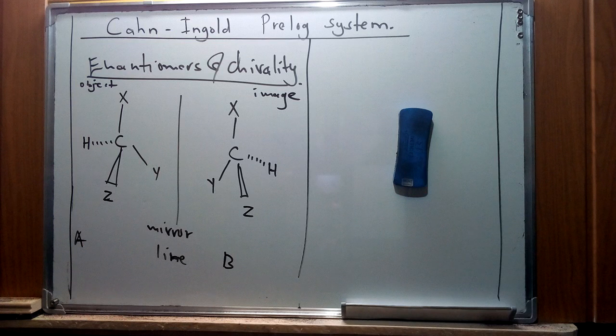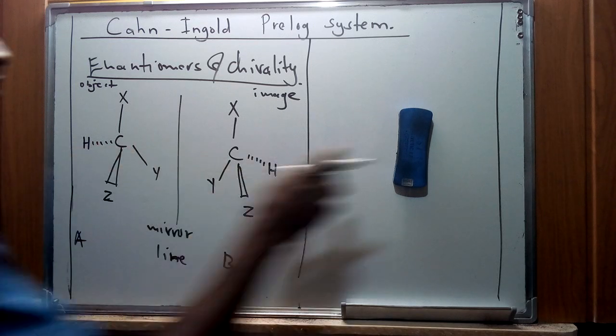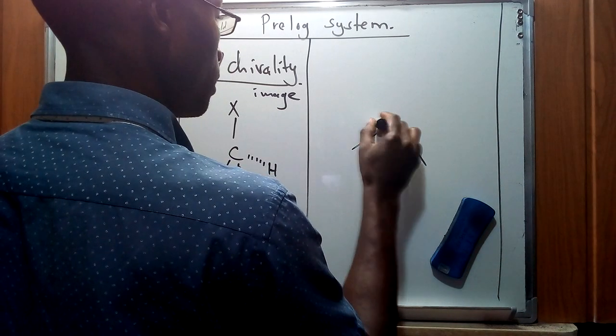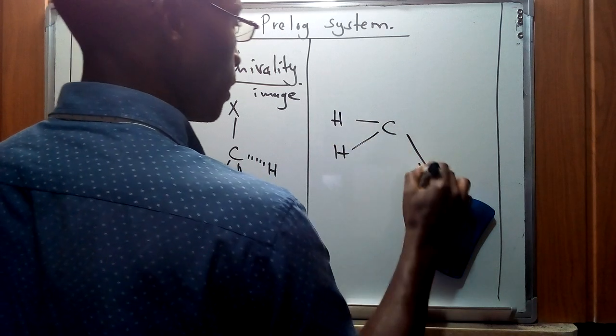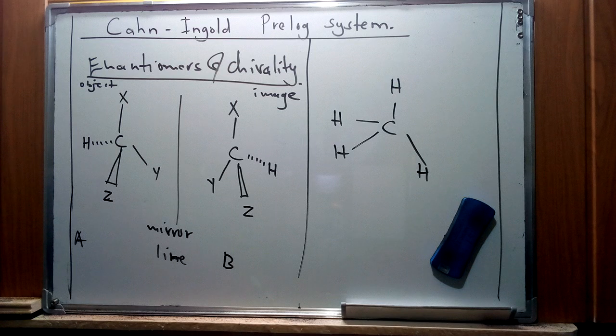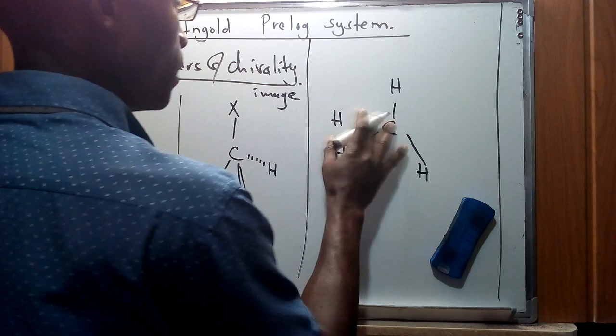Whenever we're trying to talk about the concept of enantiomers and chirality, we can see that the first compound is analogous to the structure of this one. I don't know whether it's perfect, but I'm just using those strokes. It's analogous to the structure of methane.